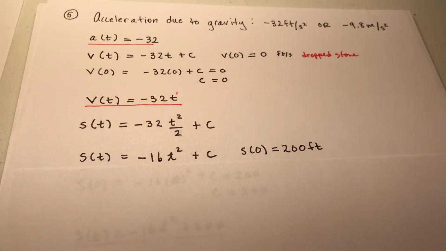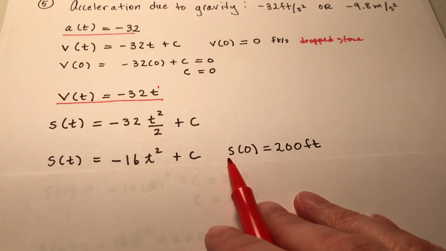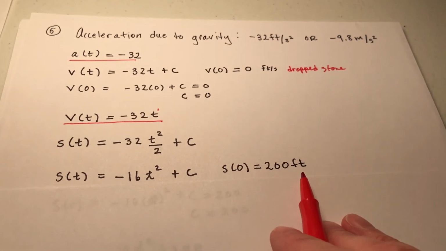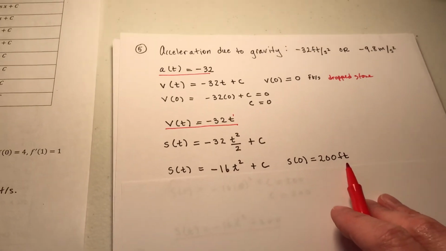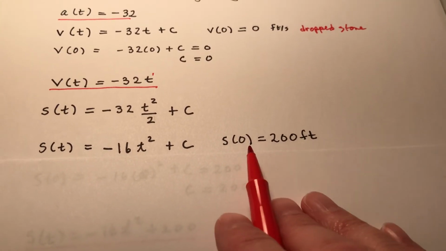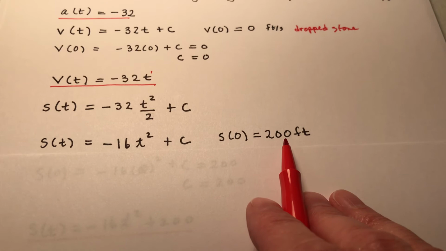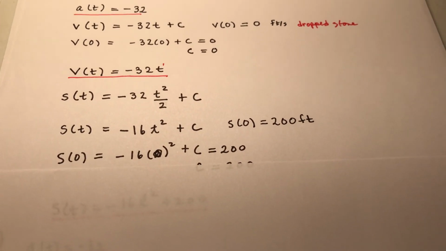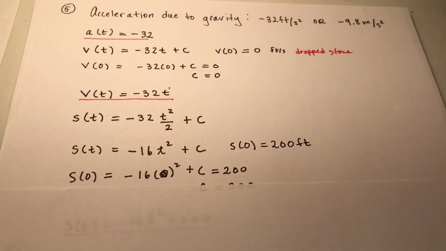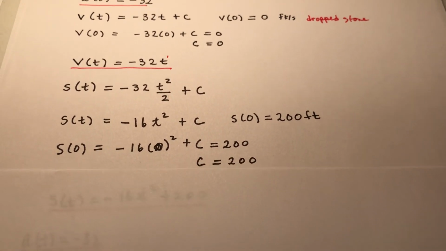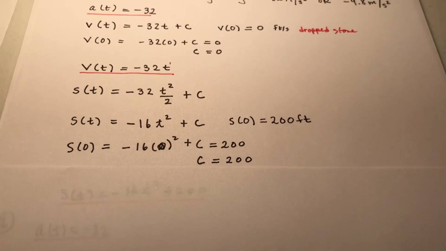Now to find c, initial conditions. Our initial condition, s of 0, is 200 feet, because it's a 200-foot cliff. So the initial height or position is 200 feet in the air. So I'm going to substitute in s of 0 equals negative 16 times 0 squared plus c equals 200, and that will give me c equals 200.